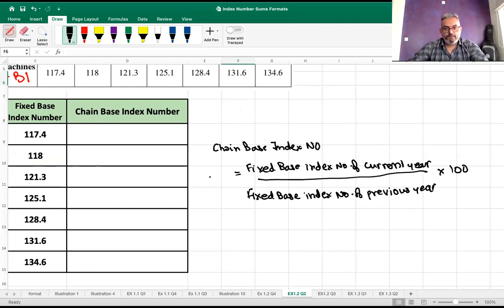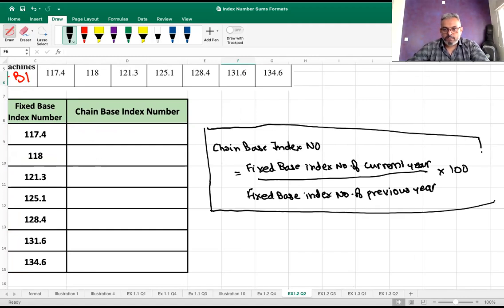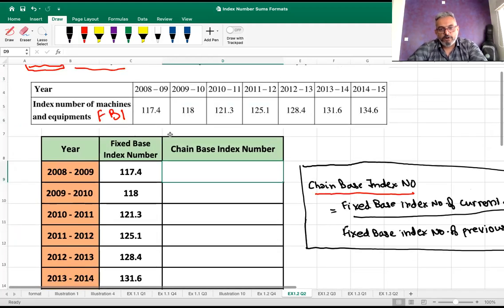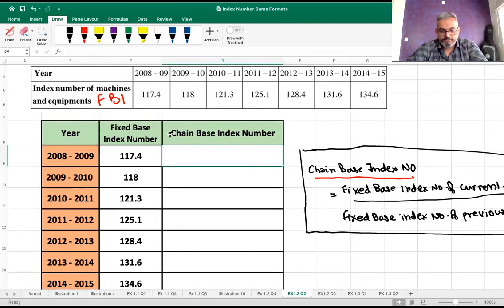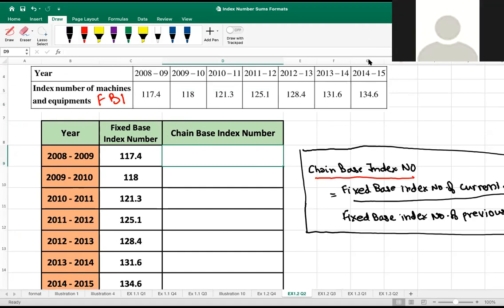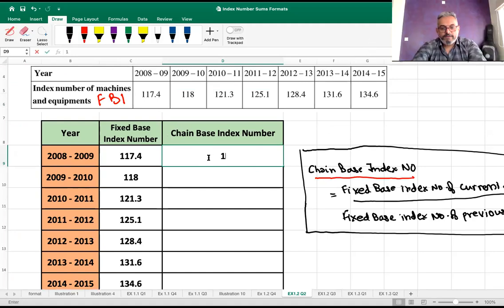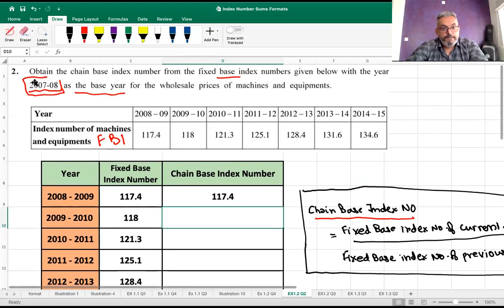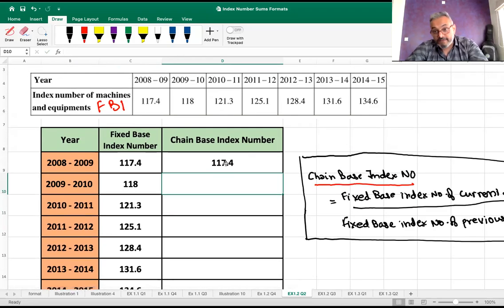Please write this formula first. Now, for the first year, can you tell me what will be CBI? It is 117.4, because base year is given in the question, so we take it the same.